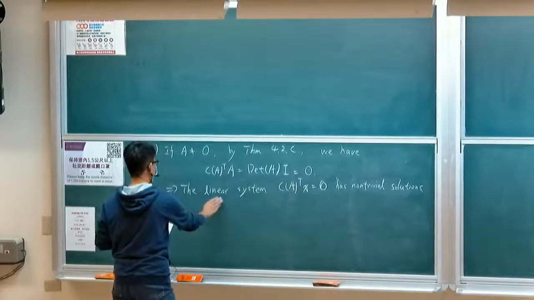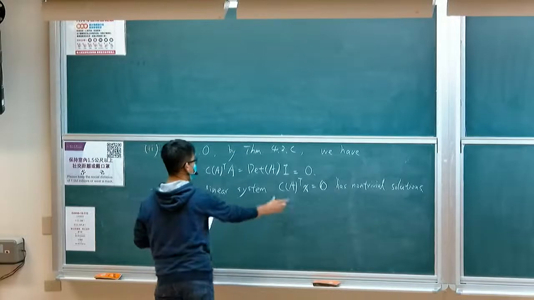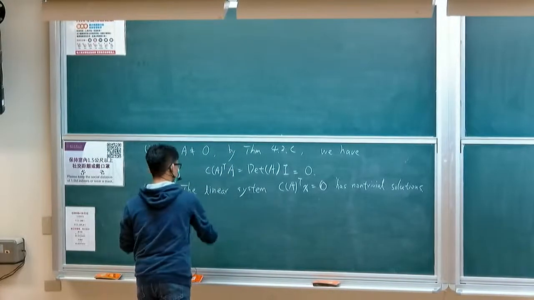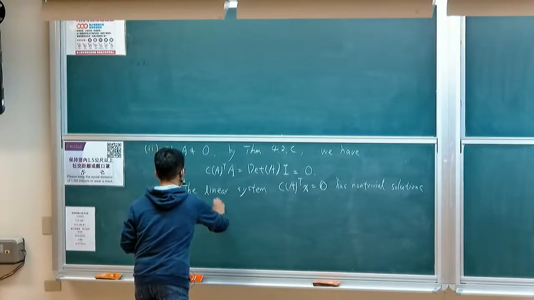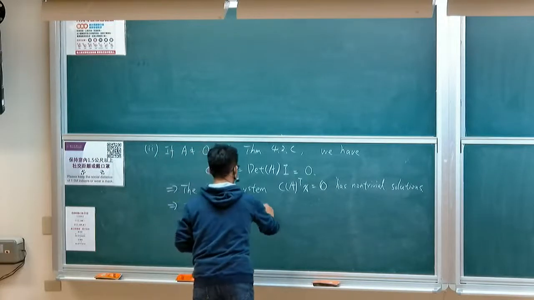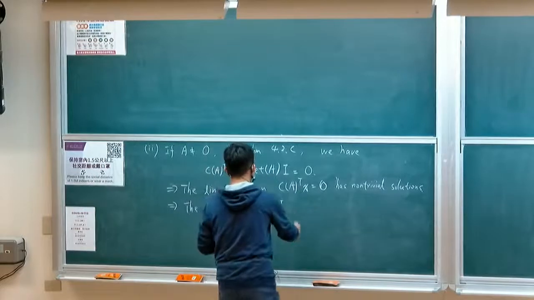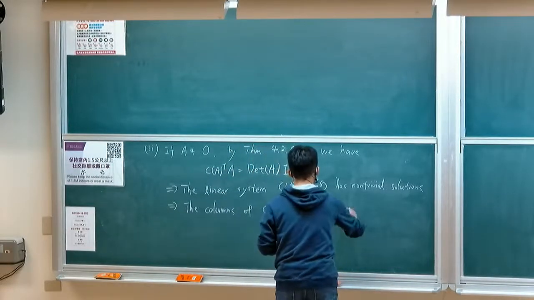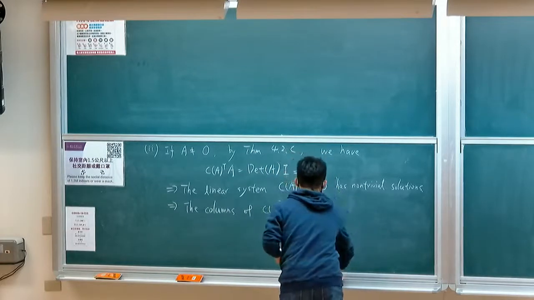If a linear system has non-trivial solutions, then the rows of this matrix form a linearly dependent set. Oh, sorry, the columns. So the columns of the transpose of the cofactor matrix of A form a linearly dependent set.